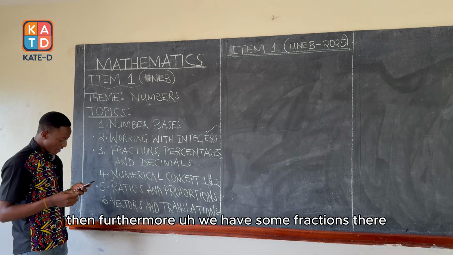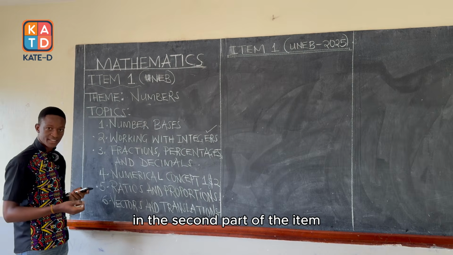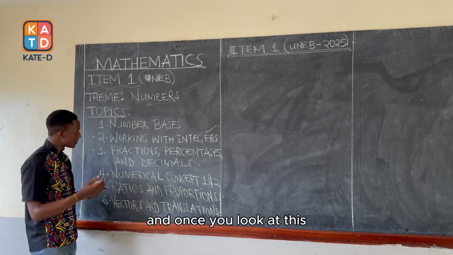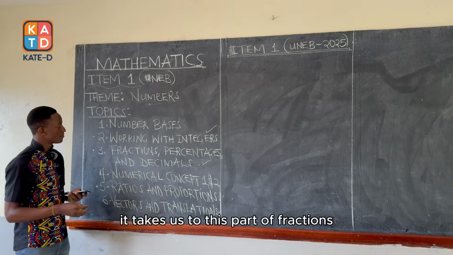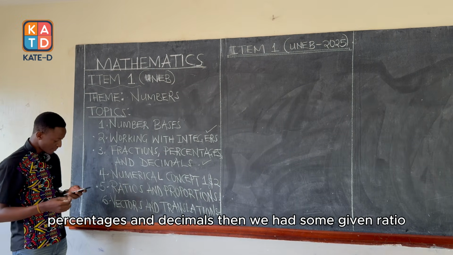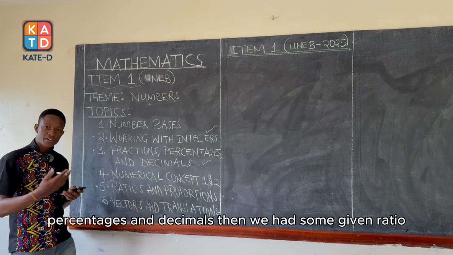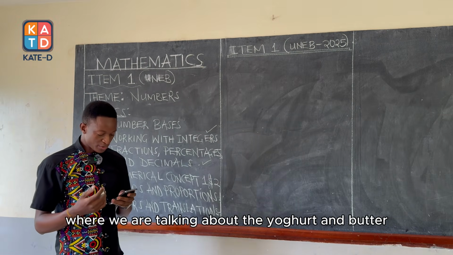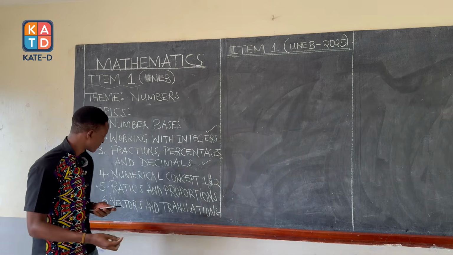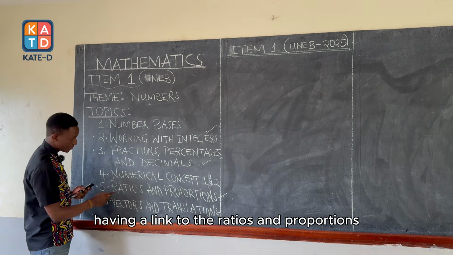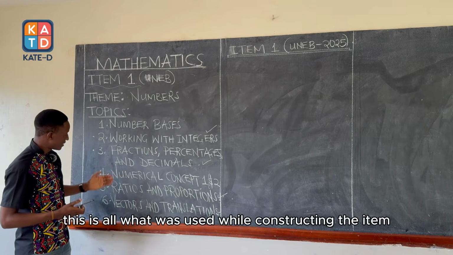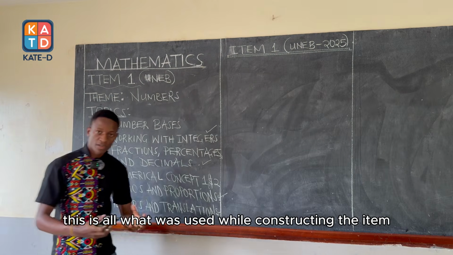Furthermore, we have some fractions in the second part of the item, which takes us to fractions, percentages, and decimals. Then we had some given ratio, where we are talking about the yogurt and butter, so we have a link to ratios and proportions. So this is all what was used while constructing the item.